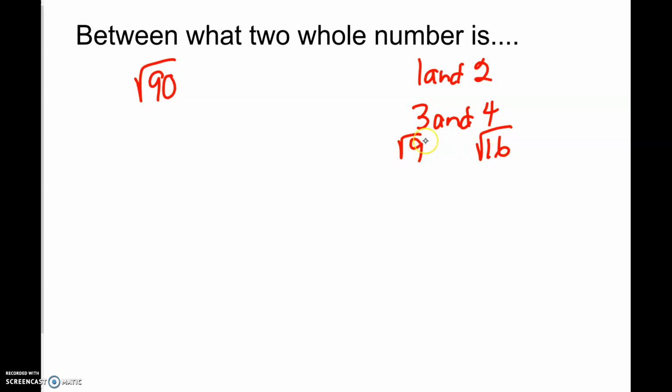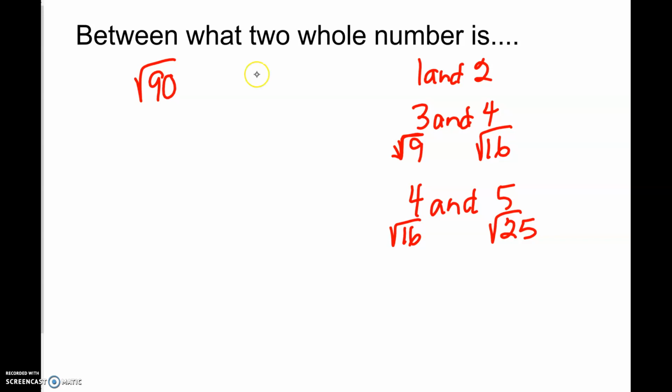So I'm really trying to think of what two perfect squares I can get this between. The next one is 4 and 5. And remember, 4 came from the square root of 16, and 5 comes from the square root of 25. These are all perfect squares.